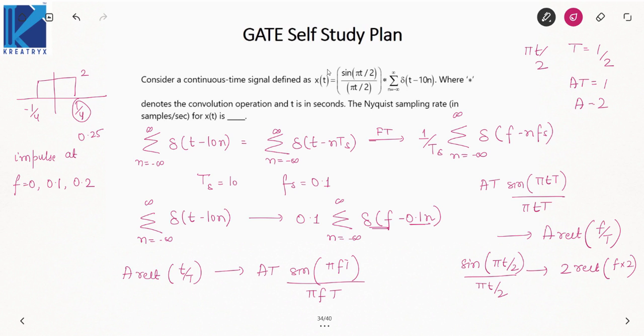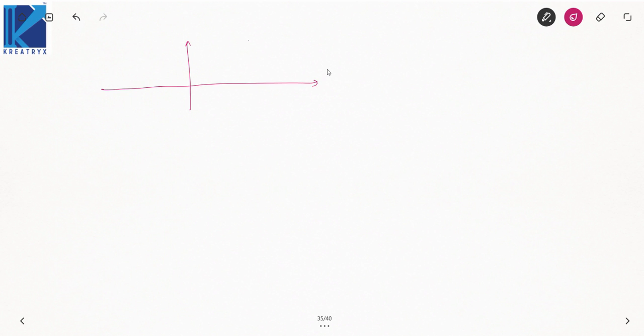What is happening actually is, in the time domain, both the functions are being convolved, which means in the frequency domain, both will be multiplied. Now one function, this impulse function, actually is an impulse train like this. Regular impulses at a gap of 0.1.